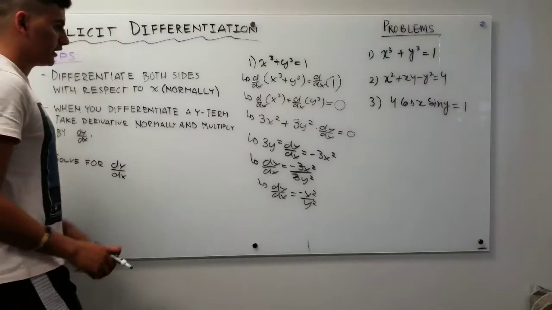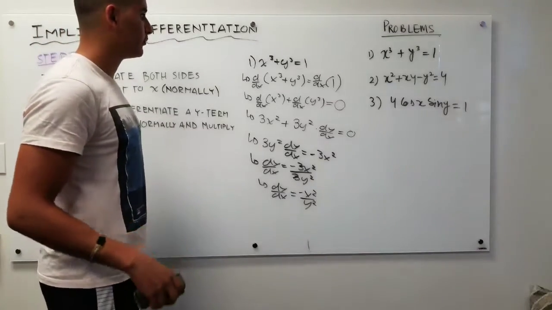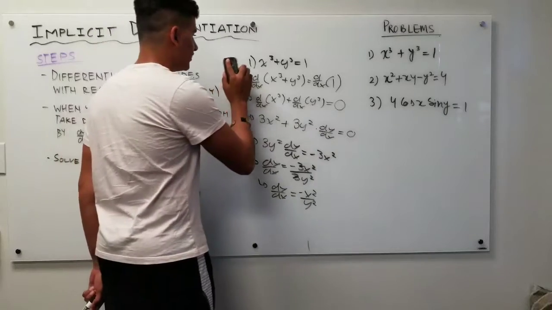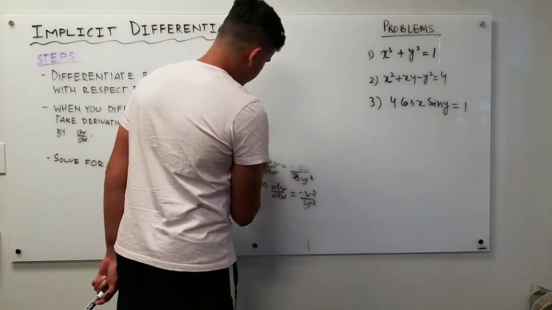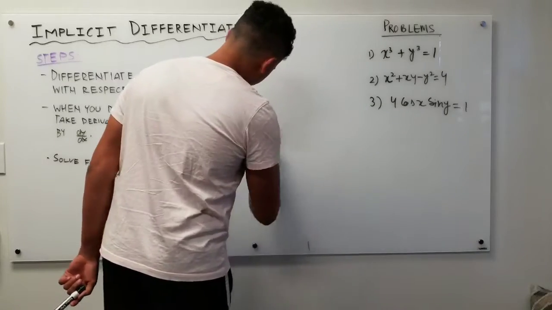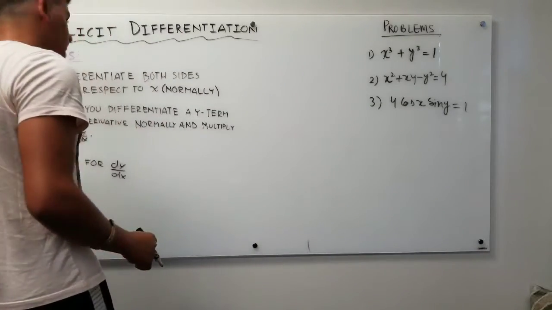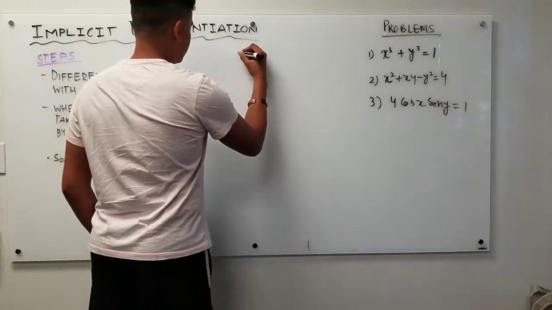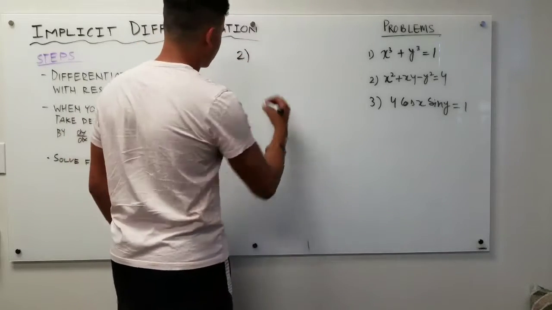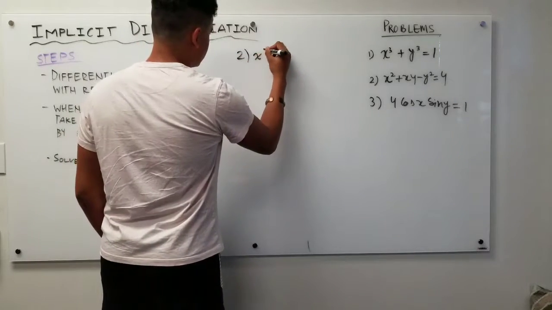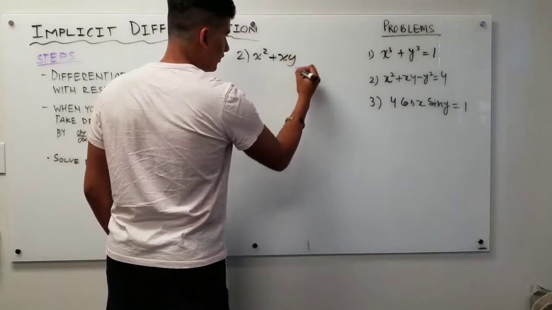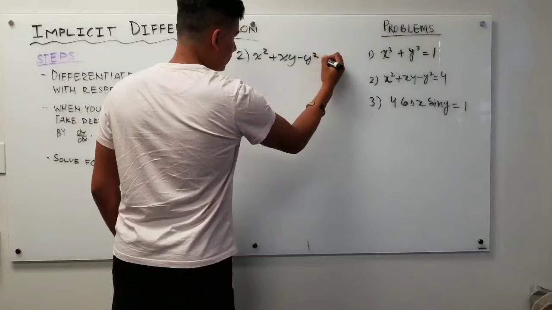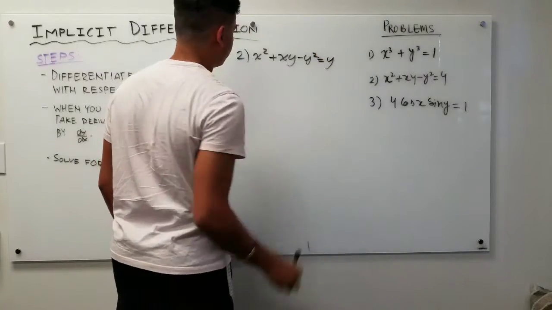It's a pretty simple process, just a little more time consuming than explicit differentiation. So let's move on to our second problem. Number 2: x squared plus xy minus y squared is equal to y.